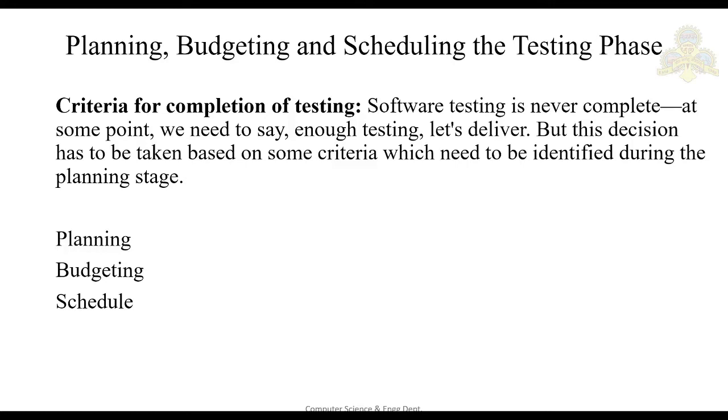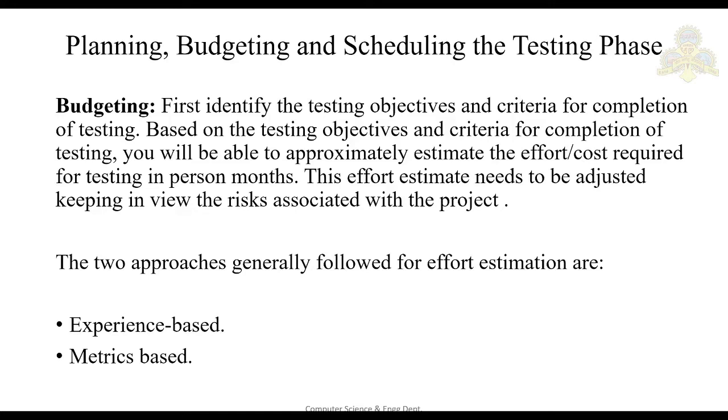Okay, so next we will study budgeting. Identification of the testing objectives and the criteria for completion are the two main factors that have to be worked out properly and in detail, so that you can have a realistic estimation of the effort, budget and time for your testing phase.